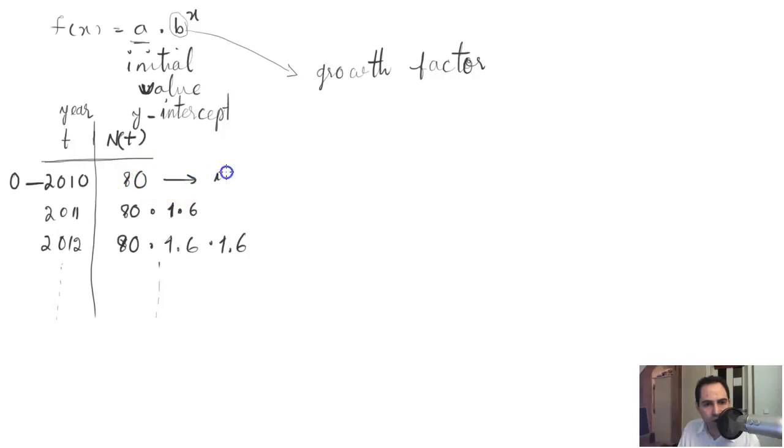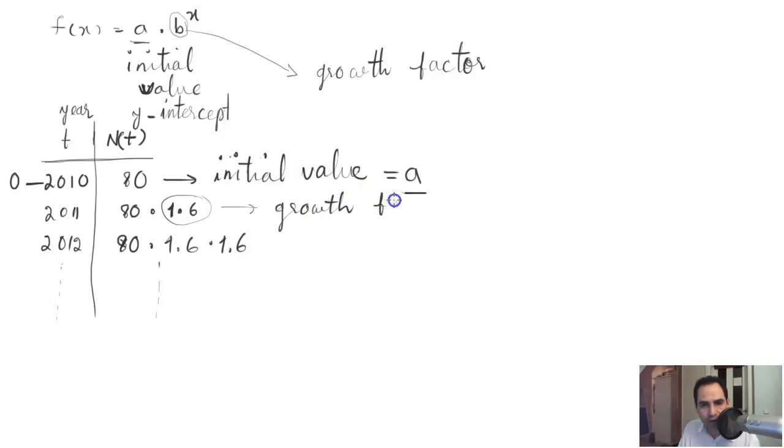So this is my initial value of the function, and this is, by the way, equal to a, this a that you can see over here. And you know that the population has grown by a factor of 1.6. So this is your growth factor.